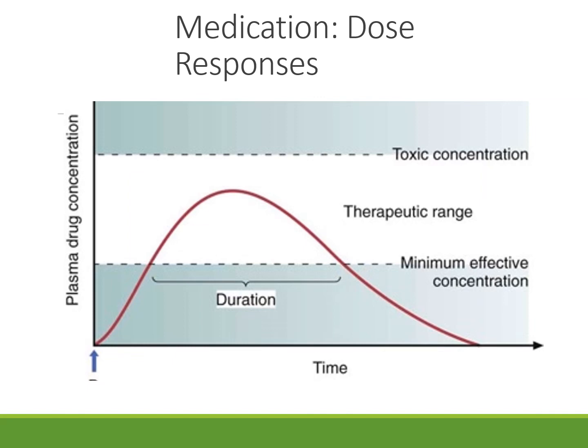Then this toxic concentration: once the level of the medication reaches this point, then you can say that the medication is at a toxic level in the blood of the patient, or what you call overdosage.